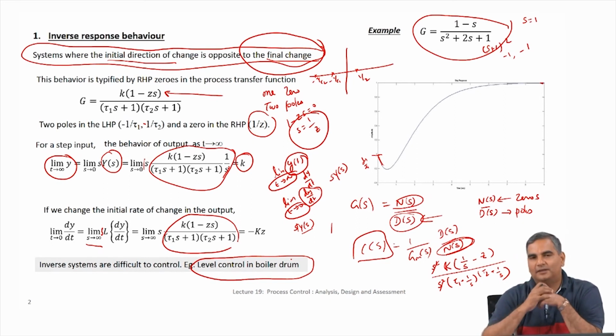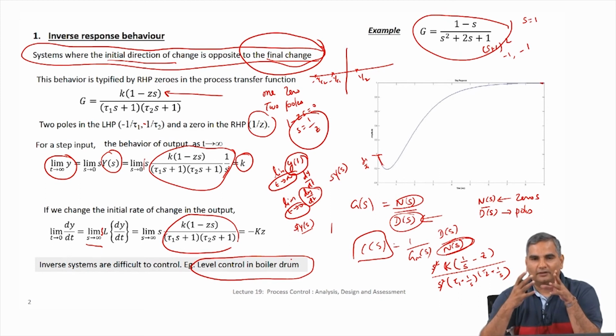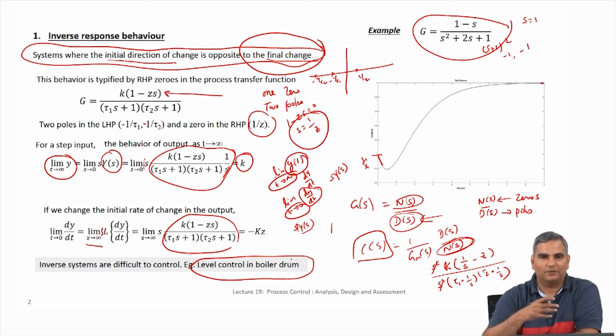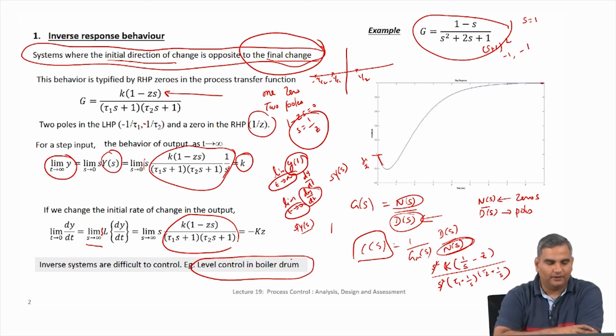So, this is the same thing that happens with control systems if they are not designed properly, because what we expect to happen will ultimately happen, but because something else happened first, our brain will say, okay, there is something wrong and I have to do something about it, and the same problem will happen in terms of inverse response behavior when we control for inverse response behavior.